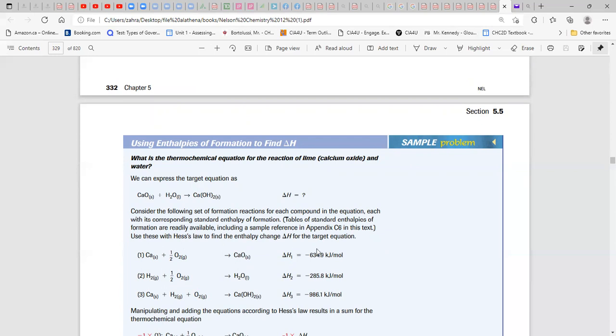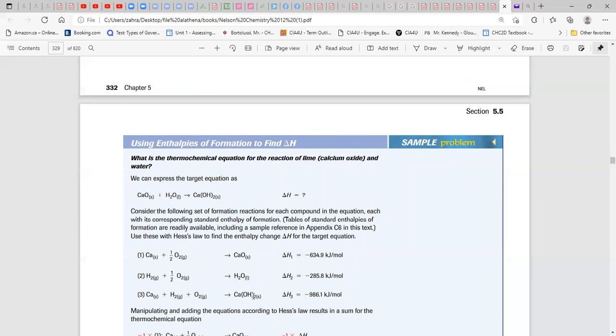The enthalpy of formation, this number is given in appendix 6 at the end of the textbook. You can find it. It is negative 634.9 kilojoules per mole. We do it for H2O. In the liquid form, it's coming from H2 and O2. And make sure you balance it as well.